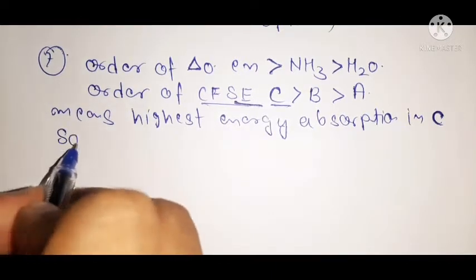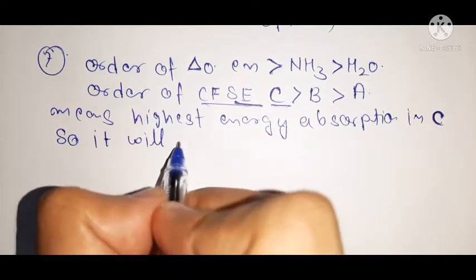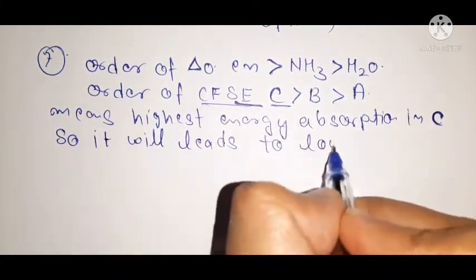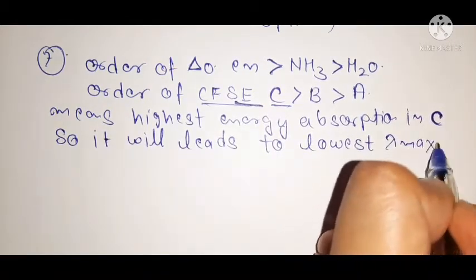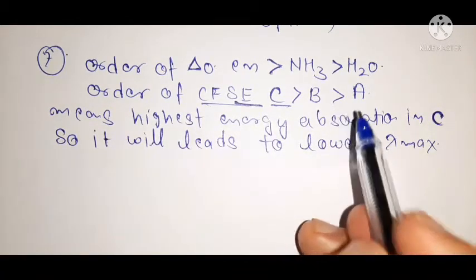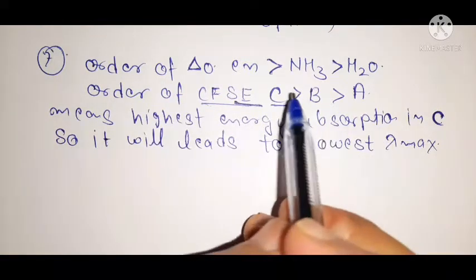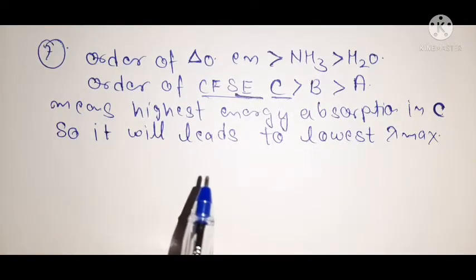So it will lead to lowest lambda max. And for A, it has lowest energy absorption, so that means it leads to highest lambda max. So C leads to lowest lambda max and A leads to highest lambda max.